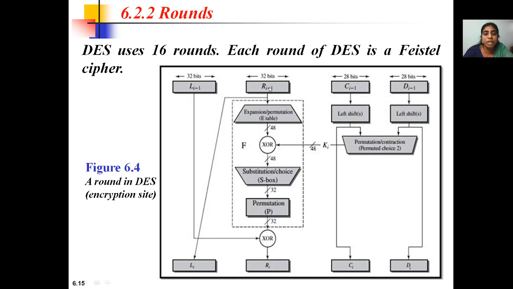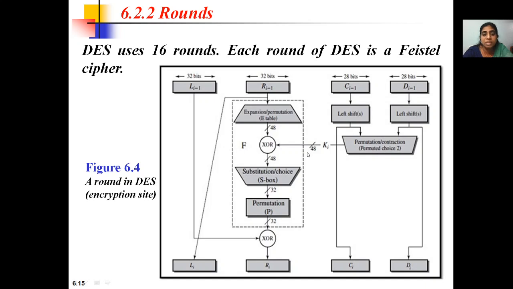So here when you take the 32 bits, we are going to do the expansion. In the round function we have the expansion permutation. So here also we are going to transpose the values. All the 32 bits are converted to 48 bit values. Then we XOR with the key values.